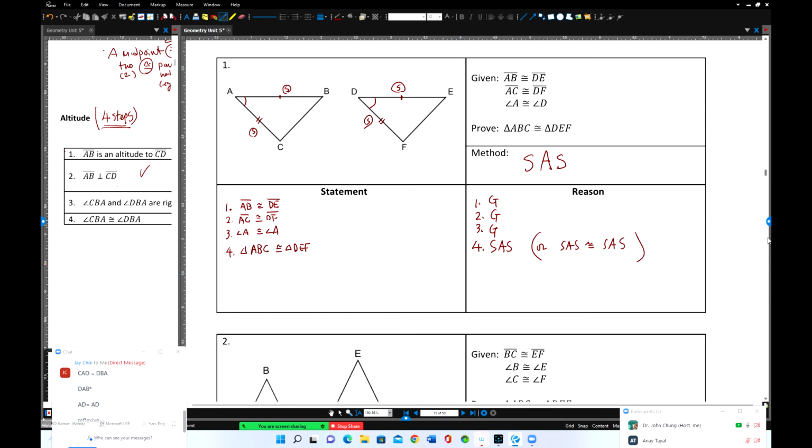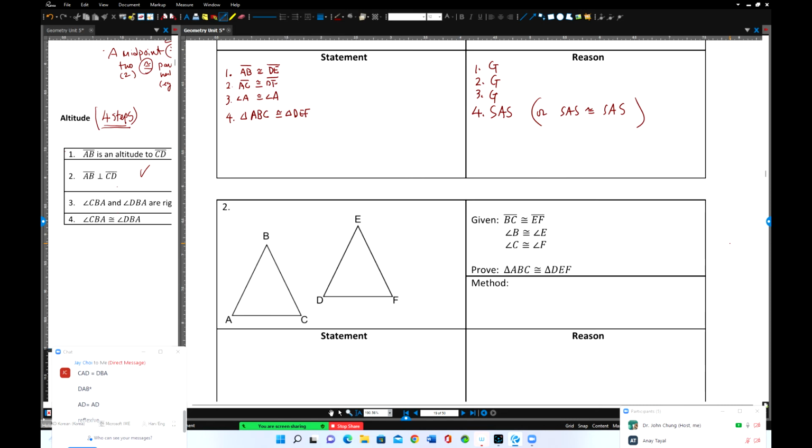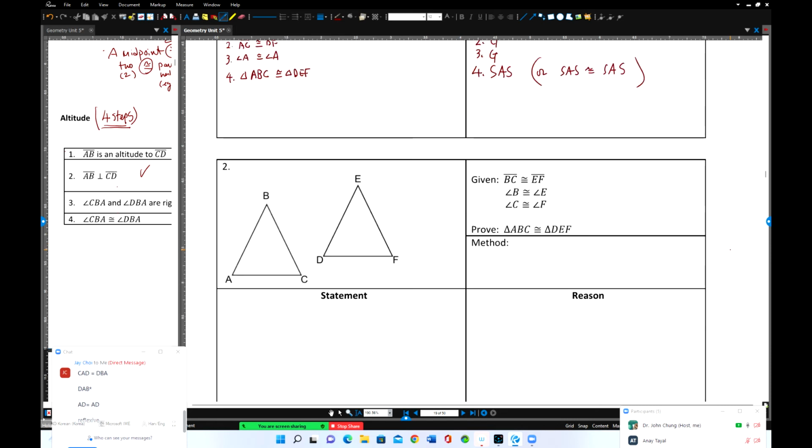Now the next one, number 2. We're going to prove these two triangles are congruent. Given BC congruent EF. Okay. It's already done.